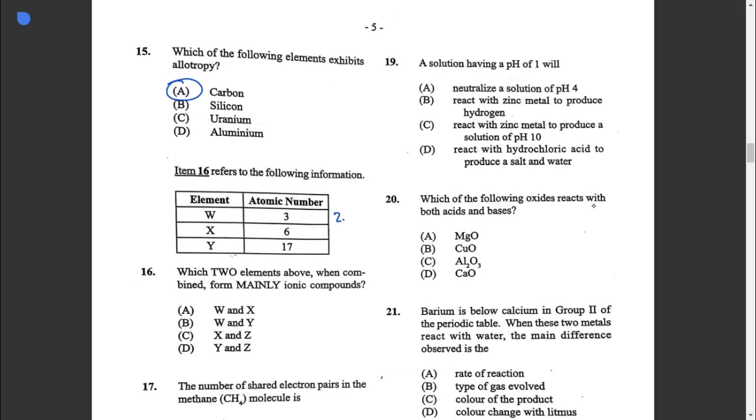And we can write out the electronic configuration, because we know that ionic compounds are formed from the interaction between a metal and a non-metal. All right, X is most likely carbon. Well, X is carbon, okay, and W is lithium and Y is chlorine, so that's lithium chloride, so WY would be the answer there.